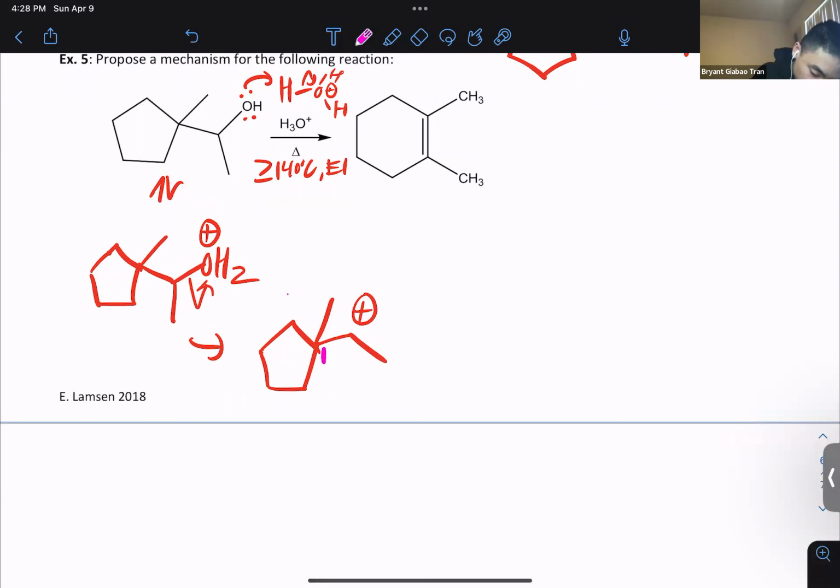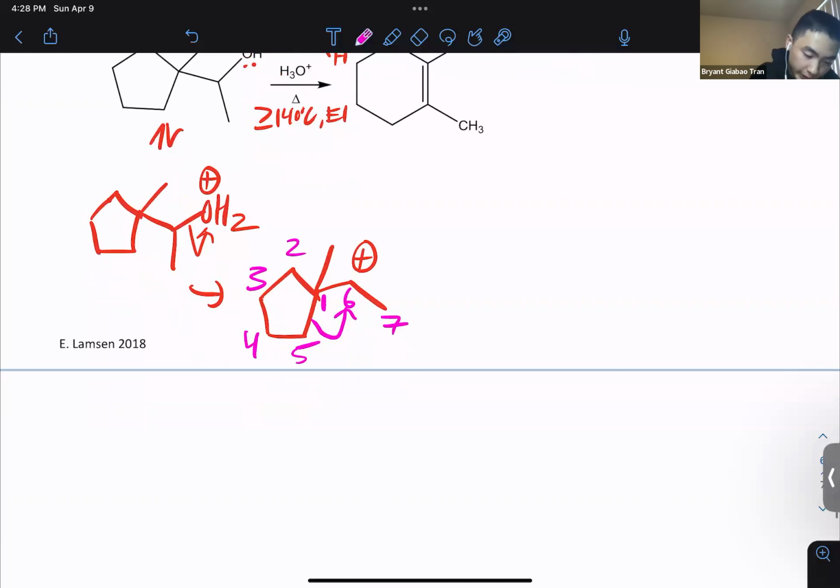We're going to label this 1, 2, 3, 4, 5, 6, 7. So this bond between carbon 1 and carbon 5 is going to break, and carbon 5 is going to bond with carbon 6 to form our cyclohexane ring.